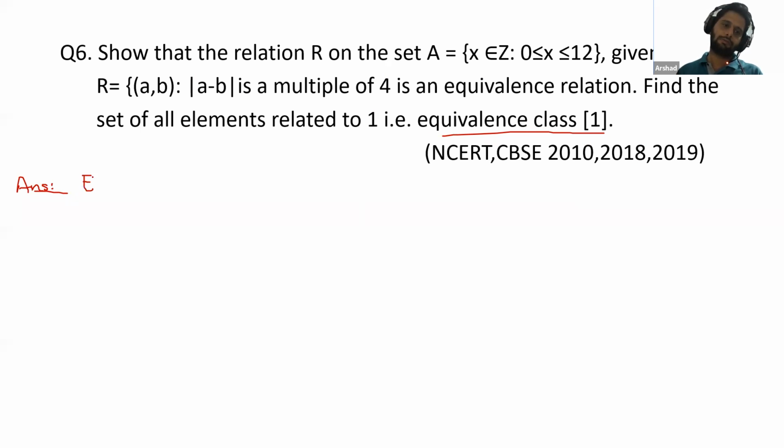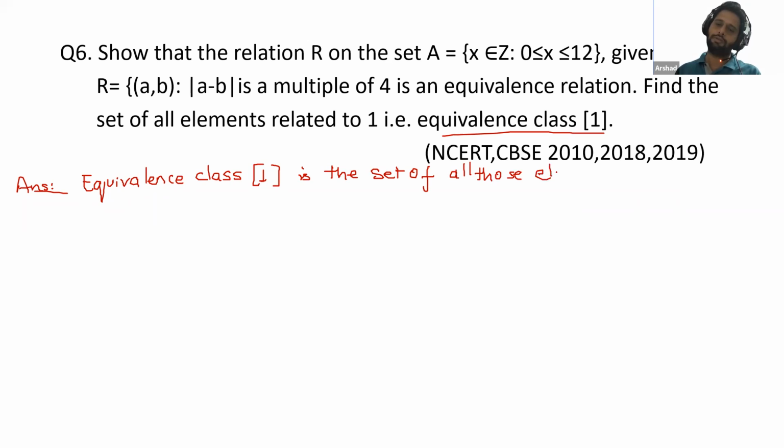Equivalence class of 1 is the set of all those elements from set A which are related to this one under the relation R.